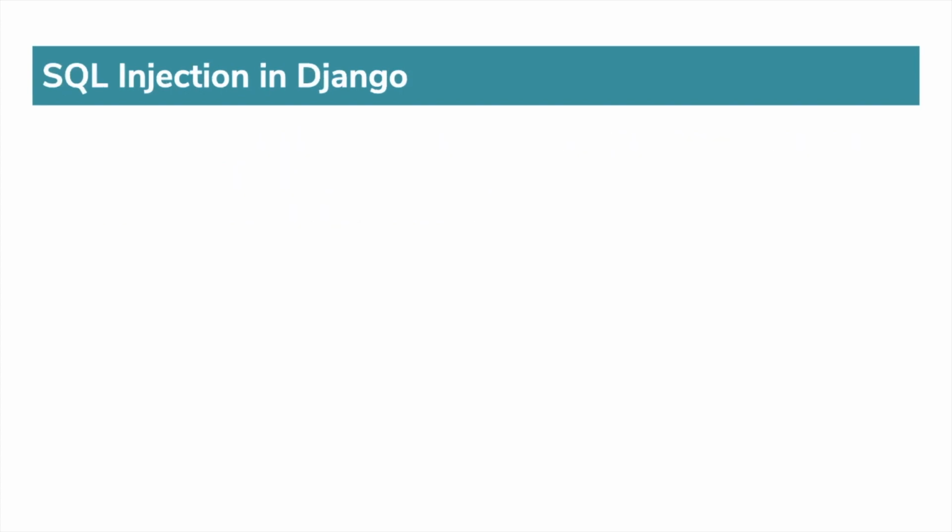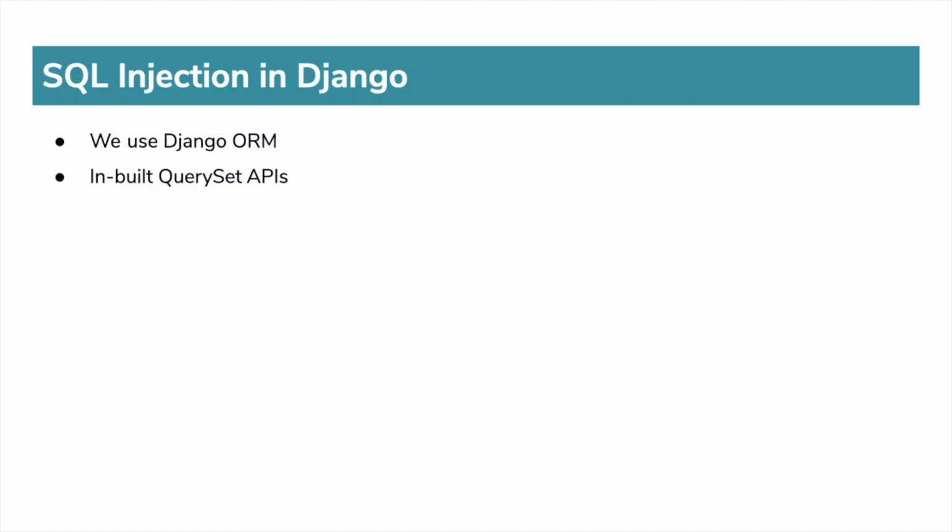Okay, next let's look at the possibilities of SQL injection in Django. We all know that in Django we use something called Django ORM, or Django Object Relational Mapper, to communicate with an SQL database, right? It has its own query set APIs, which will basically convert Python queries.